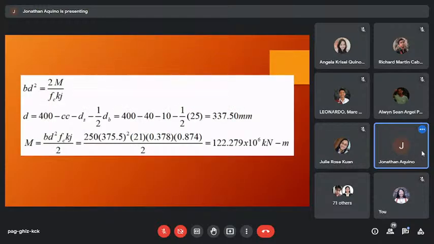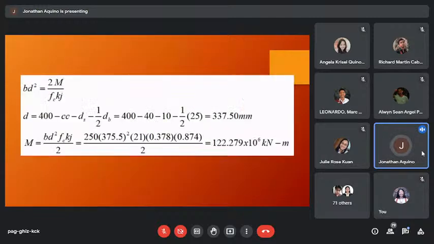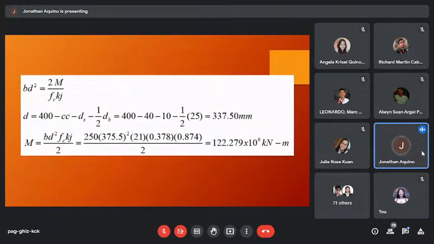O, mali yata. So mali yung pinag kuha ko sa calculator. So the correct value, mali yung d dito, this should be 337.5.